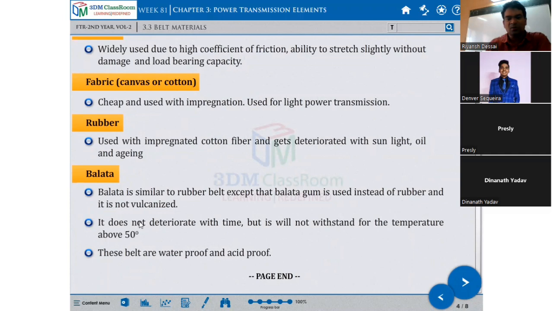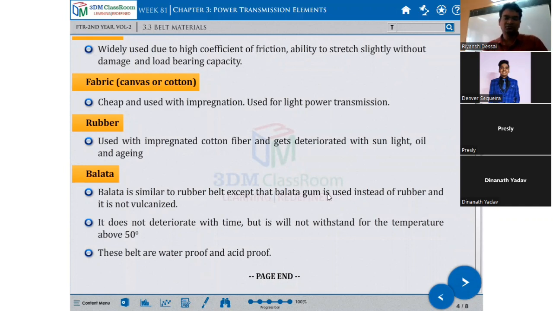The balata belt is similar to the rubber belt, except that balata gum is used instead of rubber, and it is not vulcanized. It does not deteriorate with time, but it can only withstand temperatures up to 50 degrees.